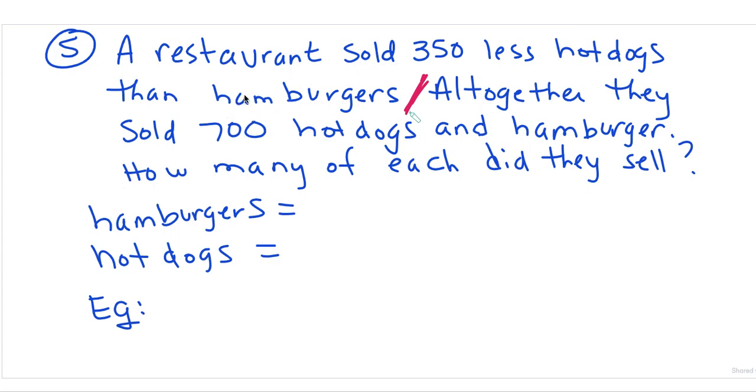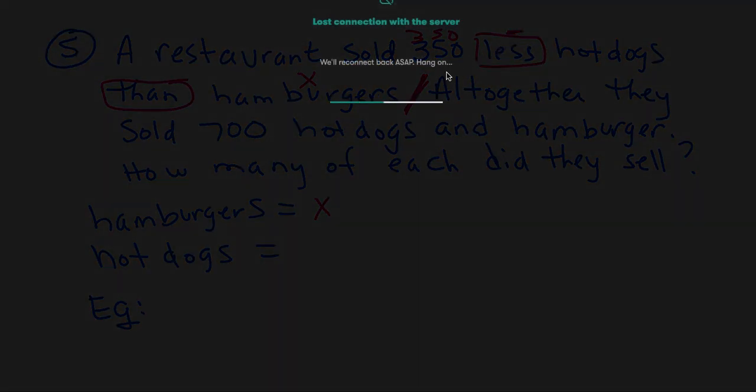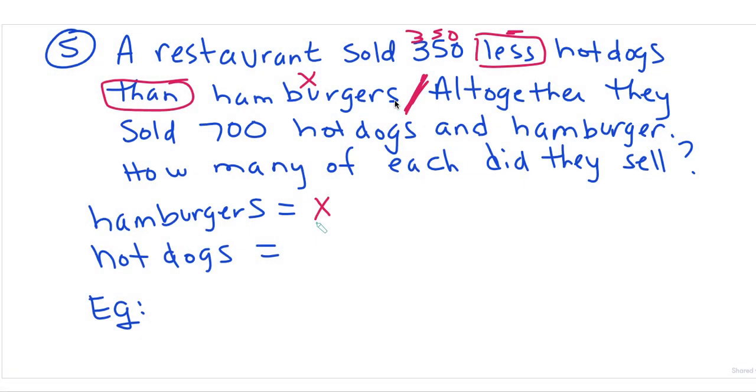So we have the less than, which means hamburgers is going to be x. 350 less is subtraction. So we have our hamburgers as x, and our hot dogs are going to have to use the x and the 350 and the subtraction. So we're going to have x minus 350.